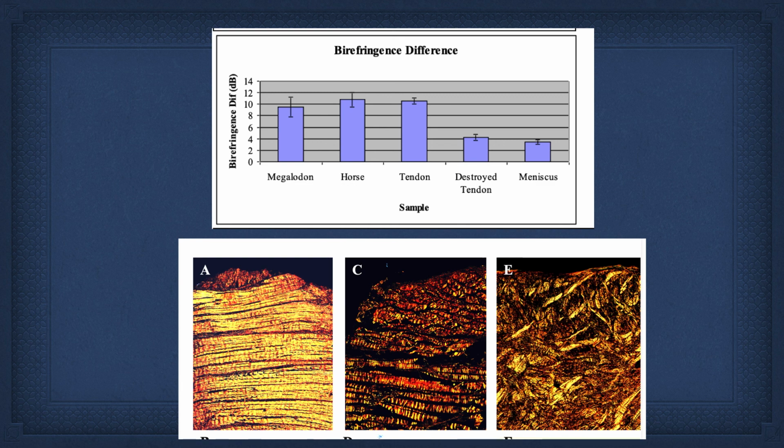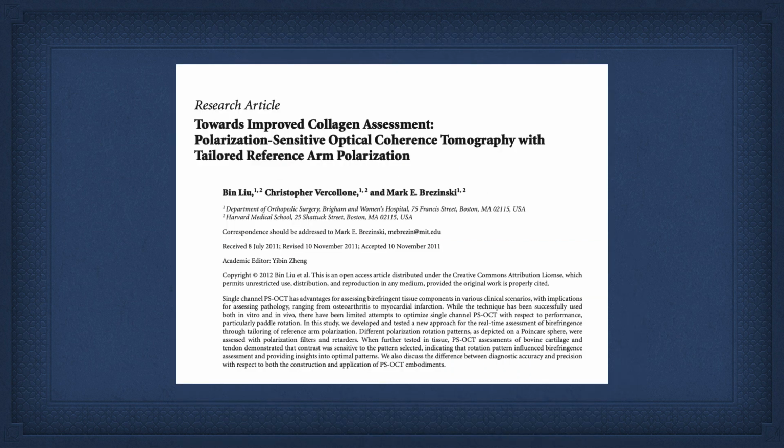So if we look on the bottom, the A in the Picrosirius is the tendon. We didn't actually do histology on dinosaur teeth. C is after treating it with acid, and E is meniscus. In certain sections of the meniscus, you can see the organization is not equivalent to A, which is why it has less birefringence.